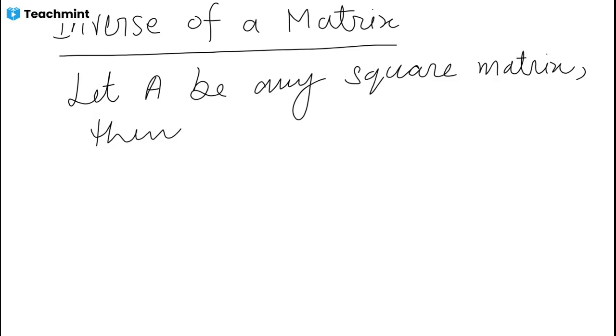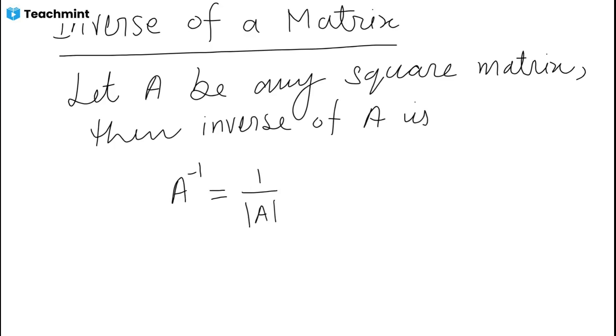Then the inverse of A is denoted by A inverse, which is equal to 1 upon determinant of A into adjoint of A, where determinant of A is not equal to 0. It must be, then only we can find this A inverse.